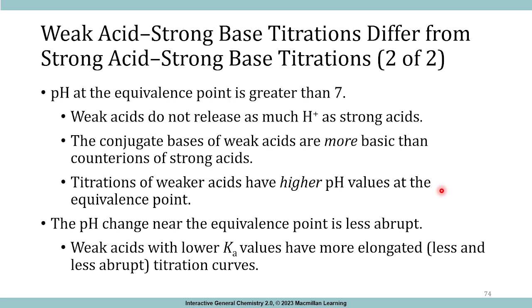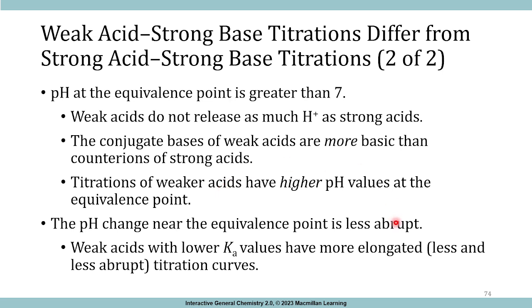The conjugate bases of weak acids are more basic than the counterions of the strong acids. Again, note that the strong acids' counterions are not normally considered conjugate bases because they don't have any basic properties. The titrations of weaker acids are going to have higher pH values at the equivalence point. This actually is reflected by the Kb at that point. That's what determines that number.